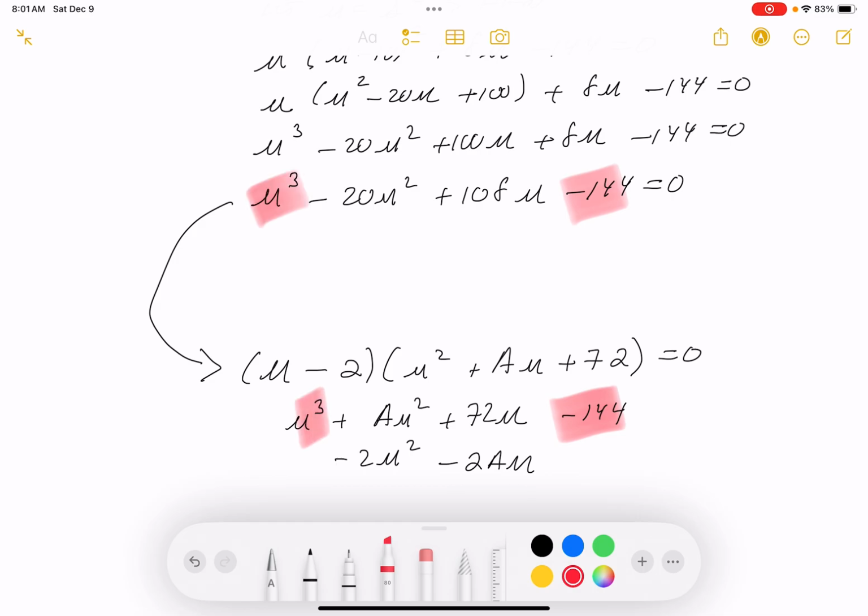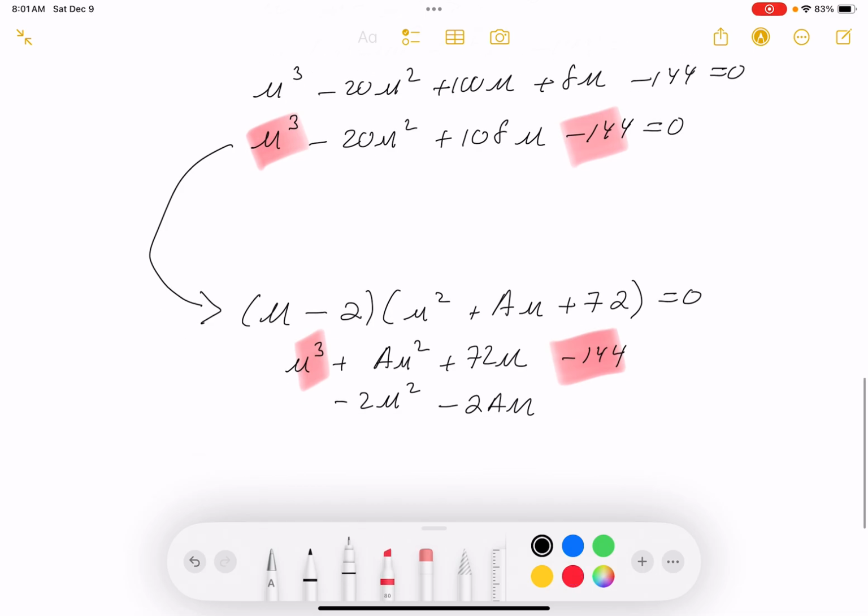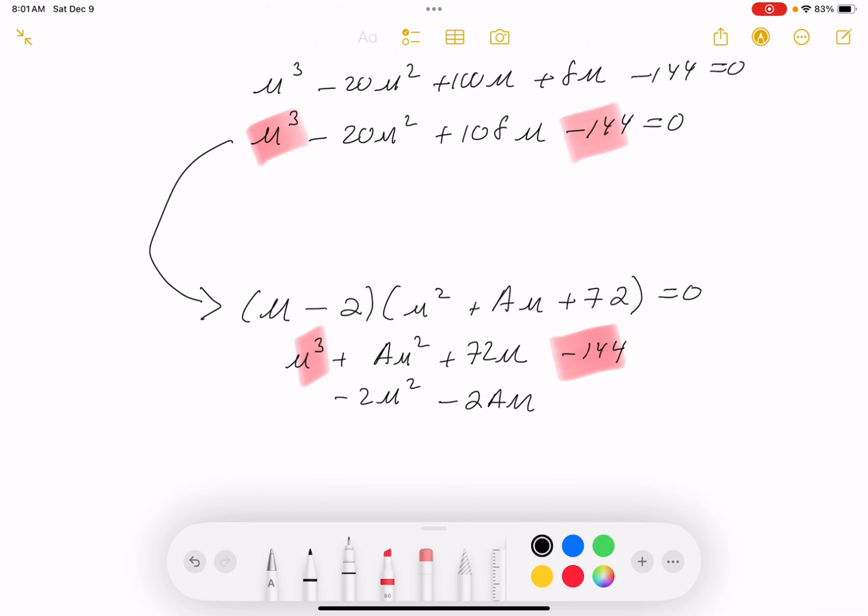But I've got to equate coefficients now, and it doesn't look that bad to do. So I'm going to say that A minus 2 must equal minus 20. And also, I need 72 minus 2A must equal 108.